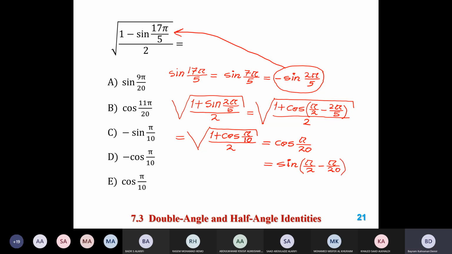So it is equal to sine of what? 9 pi over 20. Well, they shouldn't go that much. Cosine pi over 20 already took some time, so they should give cosine pi over 20 as an answer. Anyway, you see, sometimes they like to give you some trouble, Shabab.